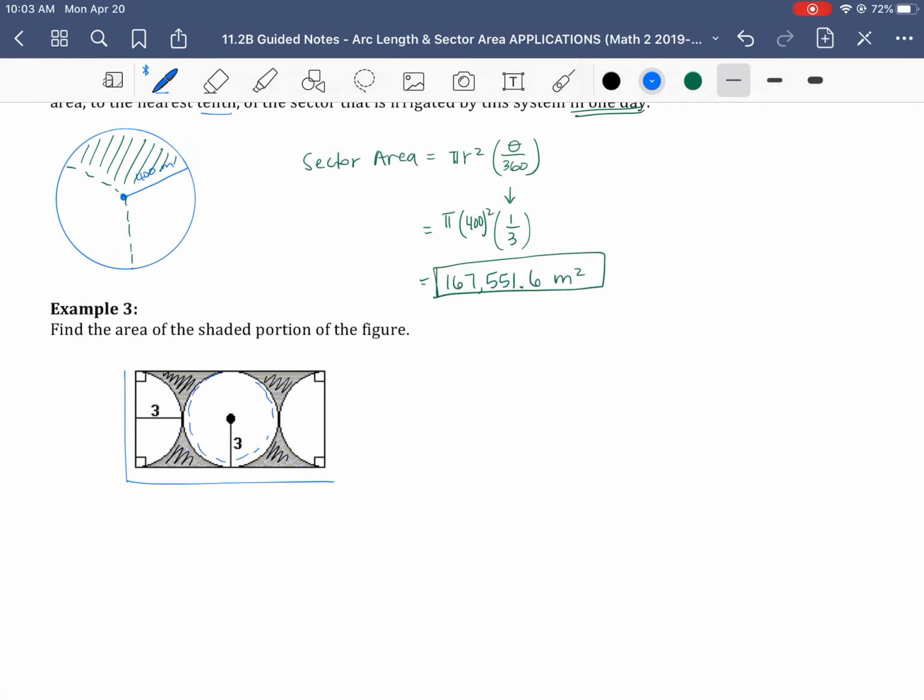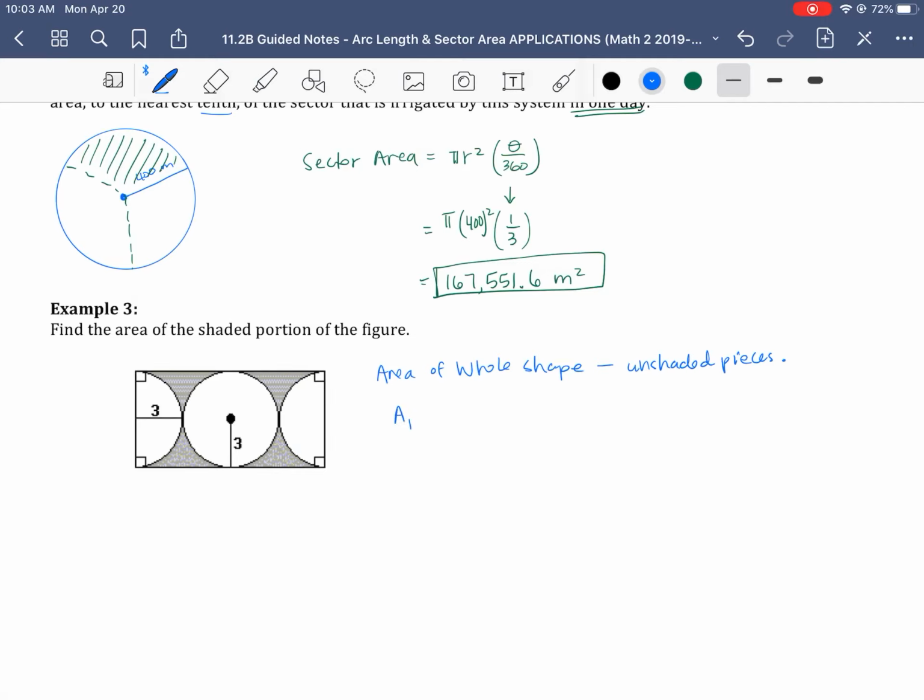And we know how to find the area of circles. So if we can find the area of the whole rectangle and then just subtract out these pieces that are not shaded, we can actually come up with just leaving the shaded. So again, you want to find the area of the whole shape, and then you're going to subtract out the unshaded pieces.